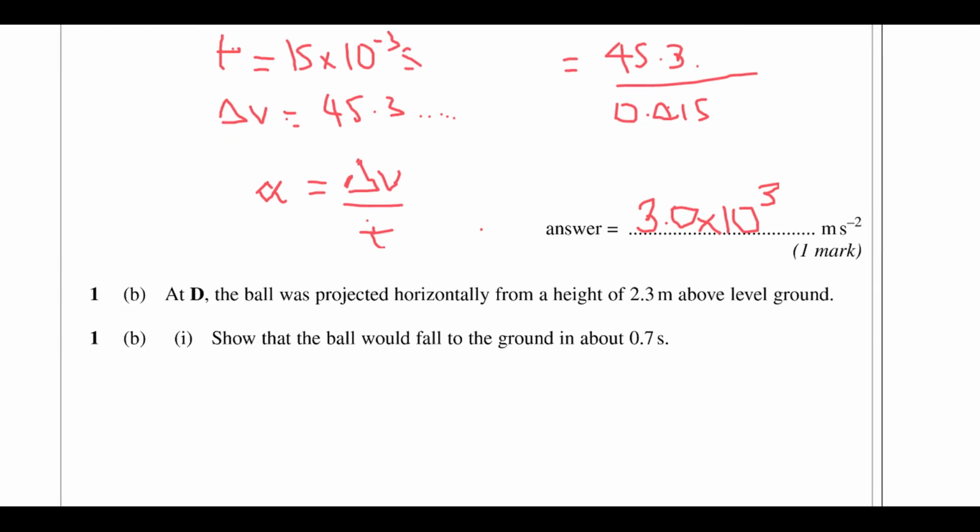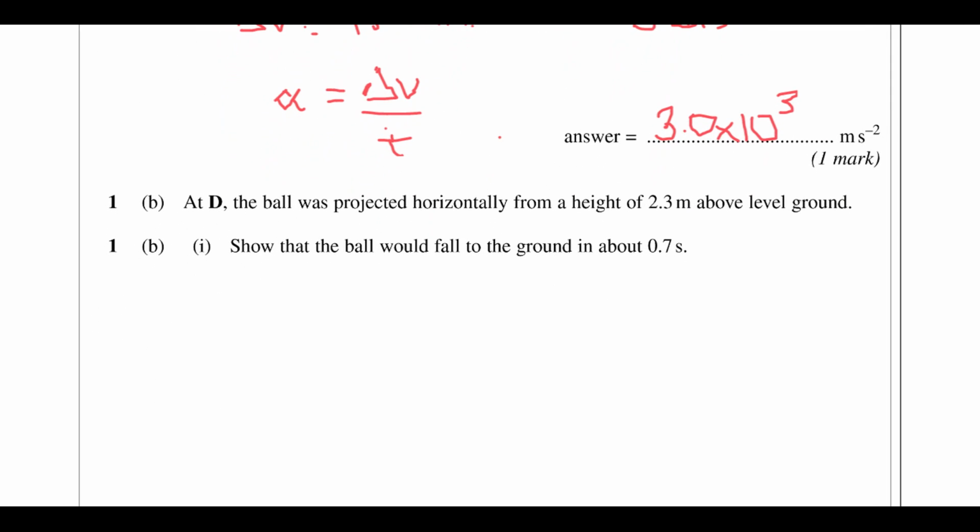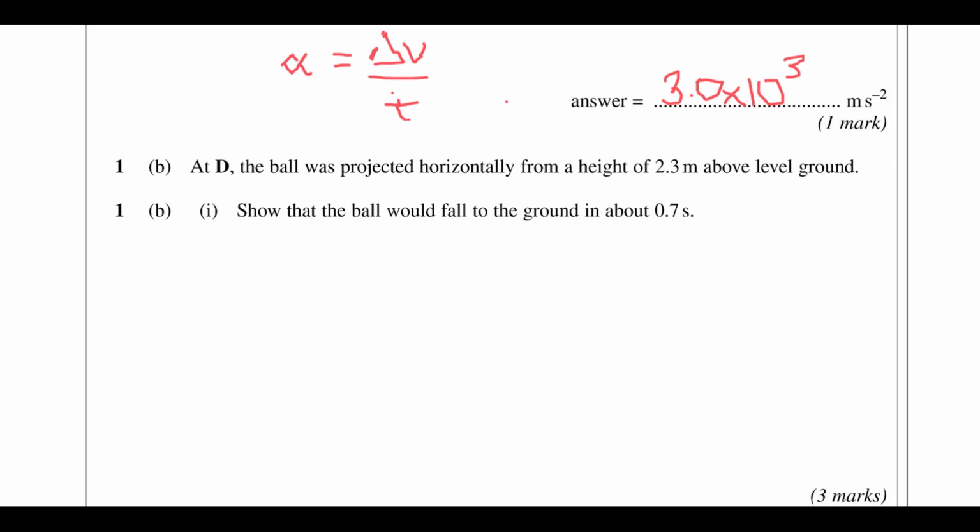Okay, so at D, the ball was projected horizontally from a height of 2.3 meters above the ground. Show that the ball would fall to the ground in about 0.7 seconds. The key here is the fact it tells you it's projected horizontally, because that means in the vertical direction its velocity is 0.